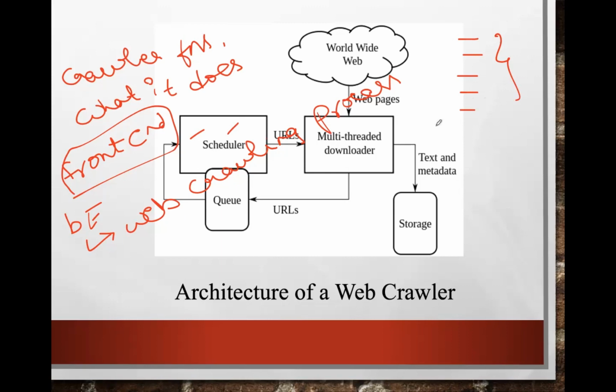So that is the responsibility of this scheduler. And the downloader: here you can see a multi-threaded downloader. This downloader retrieves the HTML content of web pages and passes it to the parser.